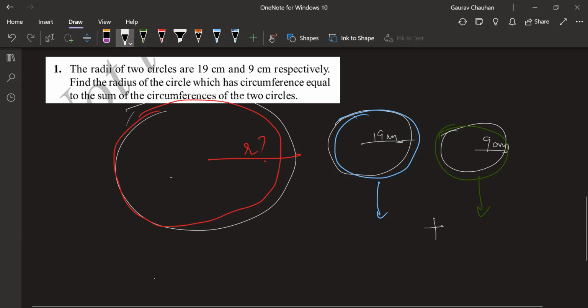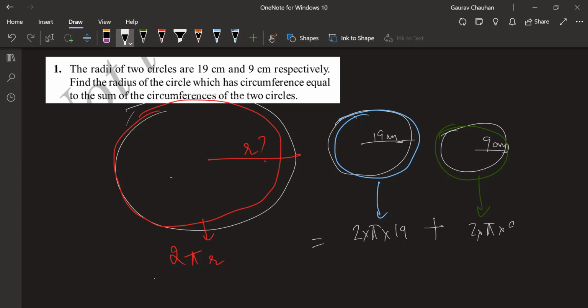So we'll use 2 pi r. 2 pi r is equal to 2 pi into 19 plus 2 into pi into 9. Fantastic. Thank you for leading this.